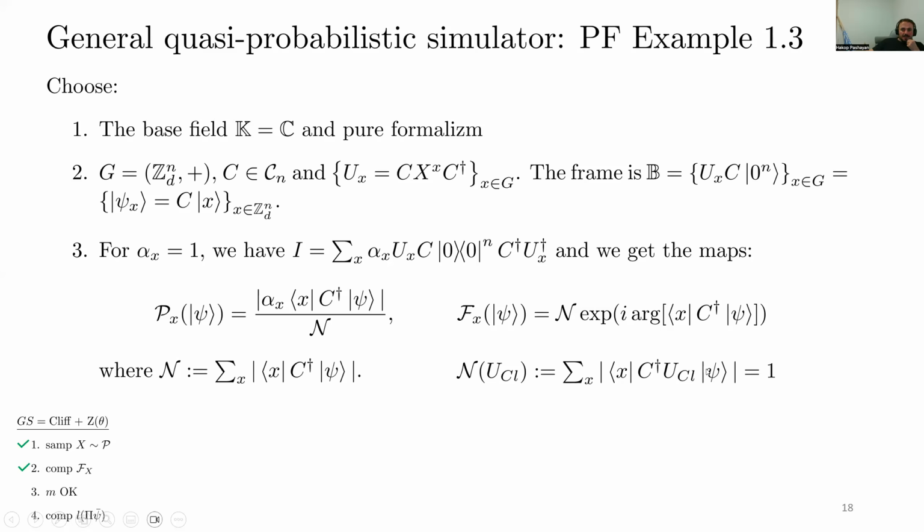And so this is going to be a stabilizer state, and we can always choose C to send that to 0, and then only x equals 0 will contribute a factor of 1.